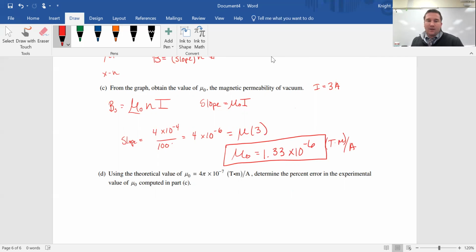And then we go ahead and compare that. Now we'll have to actually calculate this part out to compare it.